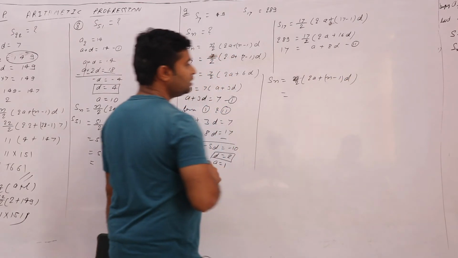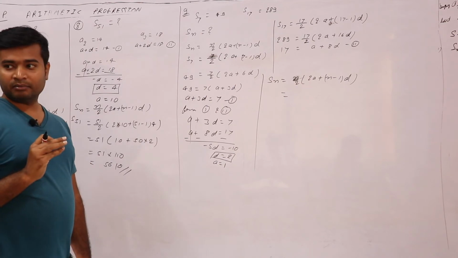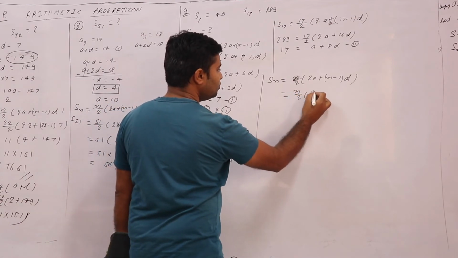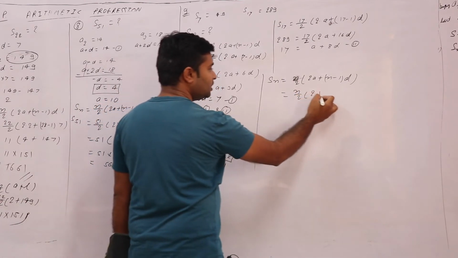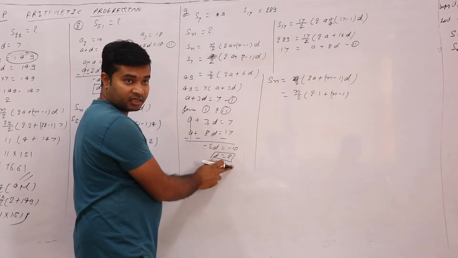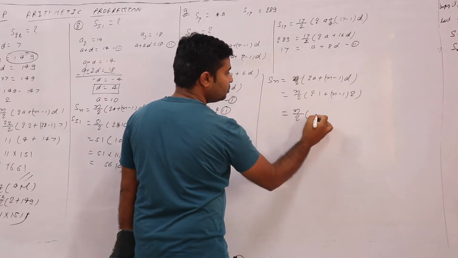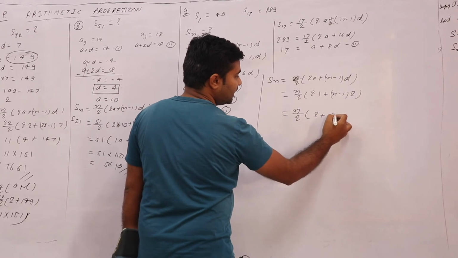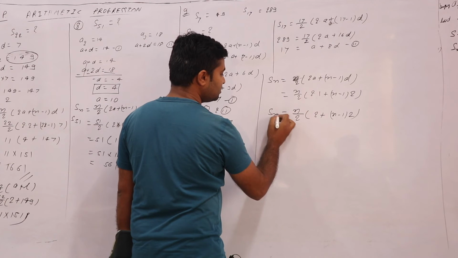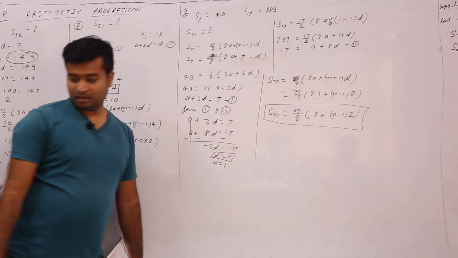Now we have a and we have d also. So n by 2 into 2 into 1 plus n minus 1 into 2. This becomes your Sn.